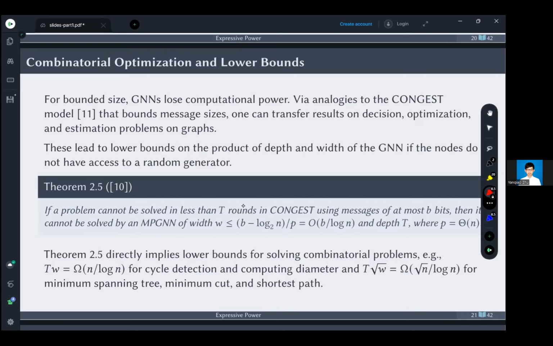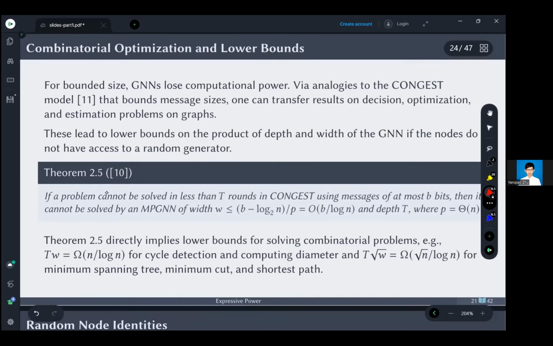But I didn't check the details of this work. The work in citation 10 was published in ICLR last year, and it's 60 pages or more. So if you are interested in the details, you can check that. I just picked the results here, and I don't think I need to explain the details.